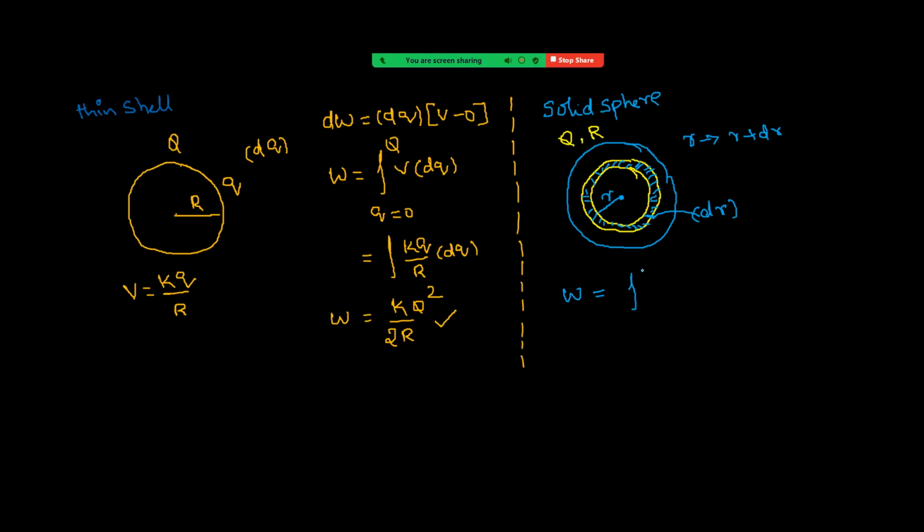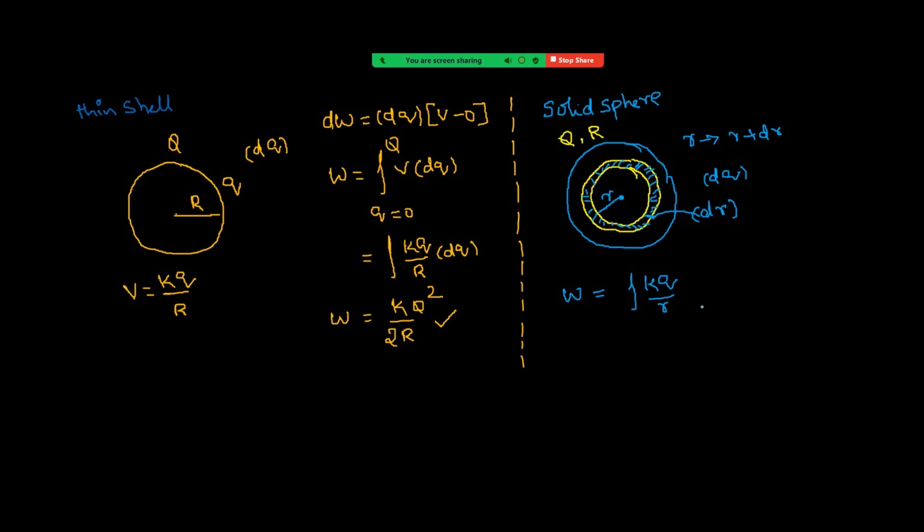See what is now the potential of this sphere of radius small r. That is kq by r, where q is the charge of this small sphere, and we are bringing extra charge, that is dq, from infinity to place on the surface of this solid sphere.